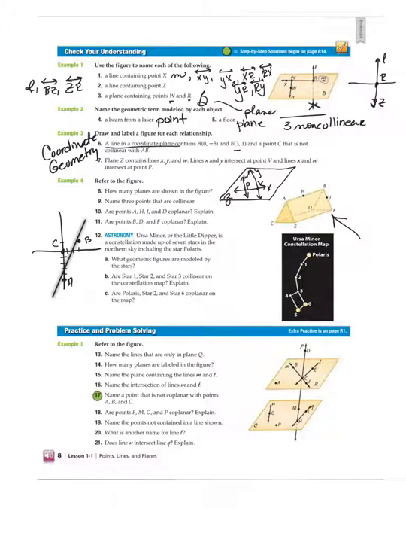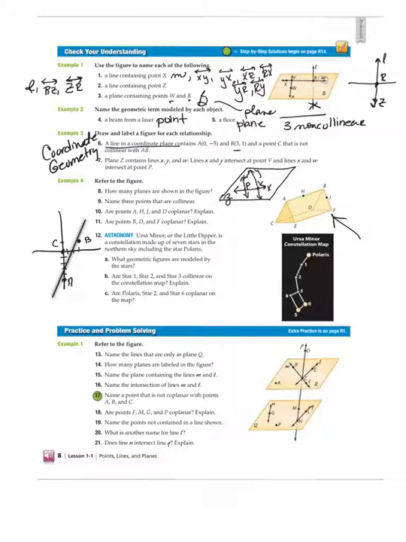How many planes are shown in the figure? Well, remember there's an infinite number of planes, but they said shown in the figure. So we've got the flat surface that's in the front, and the flat surface that's in the back, and the flat surface that's on the bottom. Then we've got that back surface at the very back, from A to C to D to B. And then we've got our front flat surface.